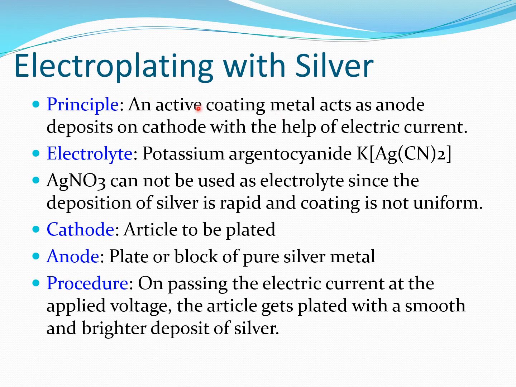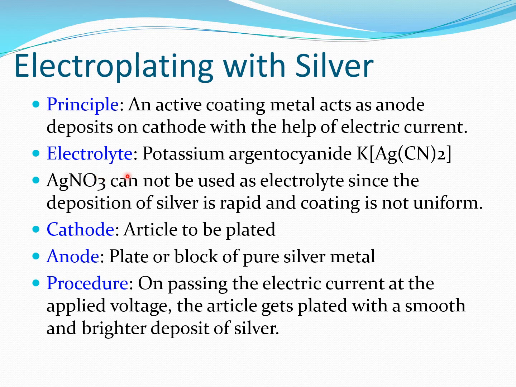Let's learn more about electroplating with silver. As I have already explained, the principle is that an active coating metal acts as anode, that is the silver bar, which deposits on the cathode, the article to be plated, with the help of electric current.